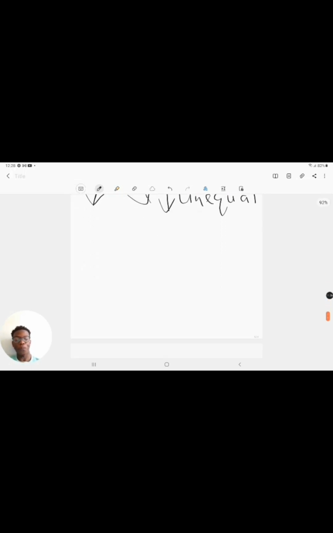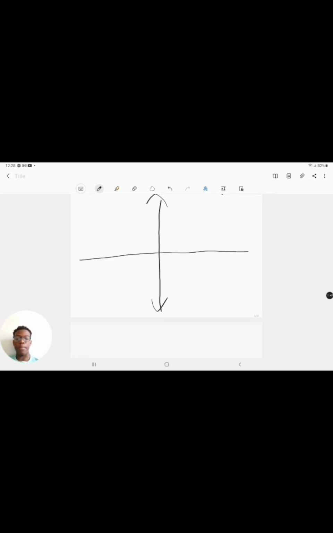Okay, so we can have a different nature of your roots. Remember, just substitute the word root with x-intercept because they're the same thing. Your roots are your x-intercepts. Now, if I have a graph that looks like this, I'm going to try to draw this accurately, where I just want to touch my x-axis.